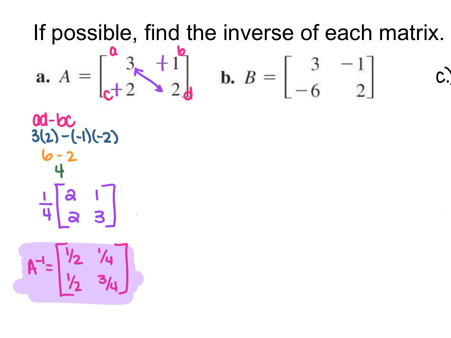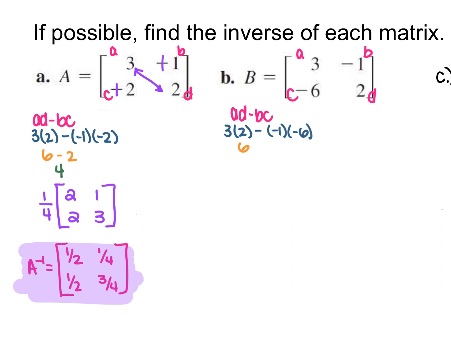For B, we're given the matrix 3, -1, -6, 2. So we're going to first find A times D minus B times C. So this is going to give us 3 times 2 minus -1 times -6.